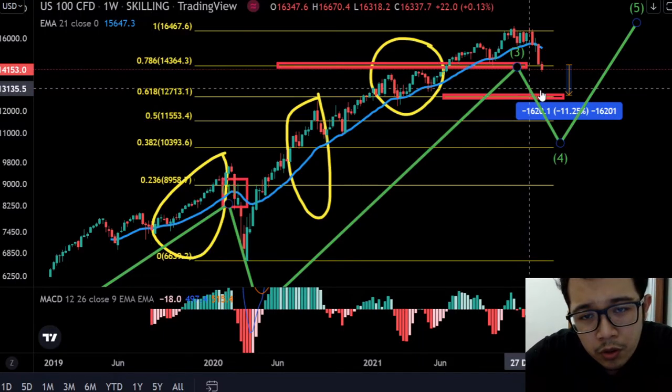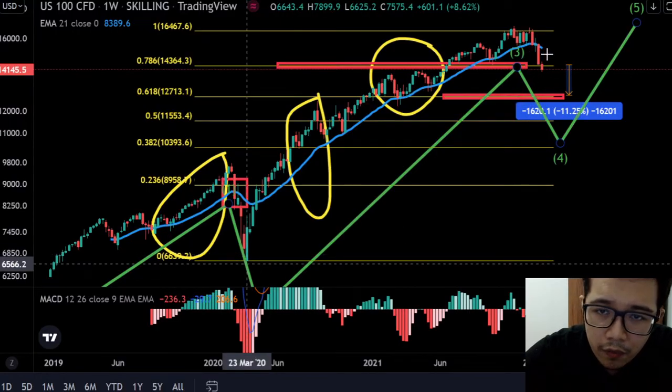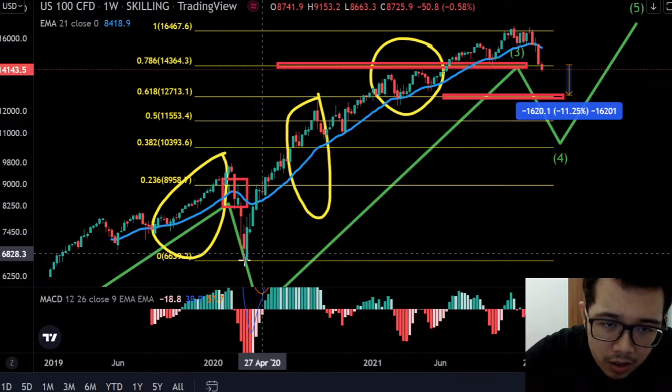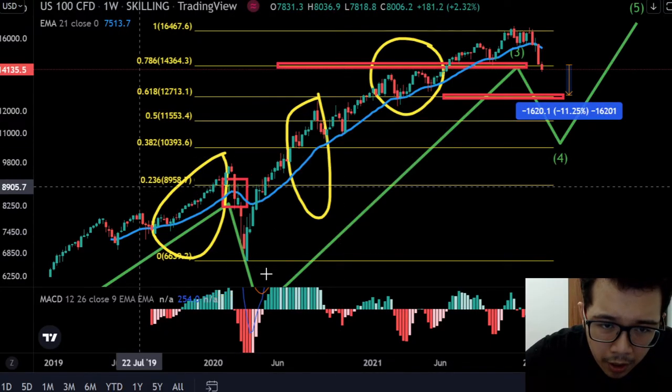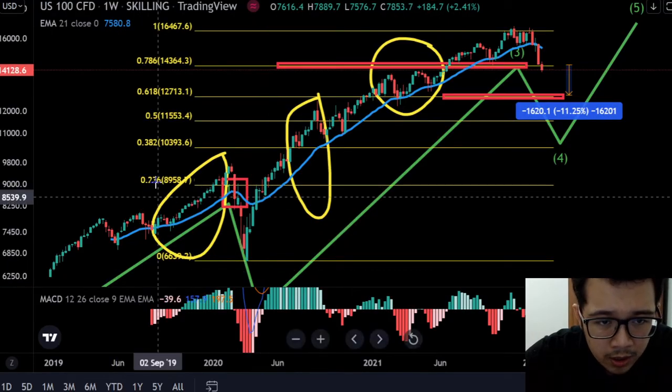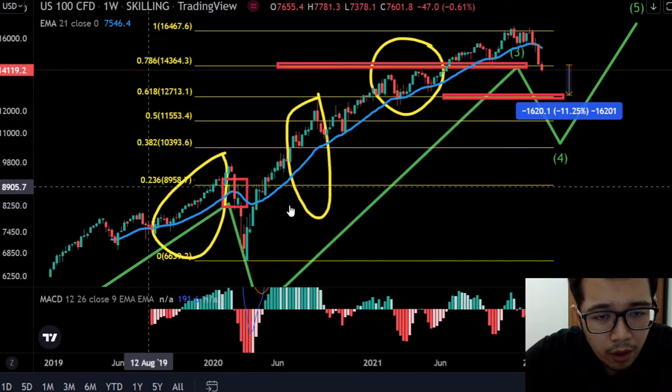That's why the next target maybe we are going to see this one. And if you are curious what happened in the month when COVID happened, if you draw this line until this line, you can see that 0.2 is actually the crash that happened when COVID happened. 0.23 is the very low support.